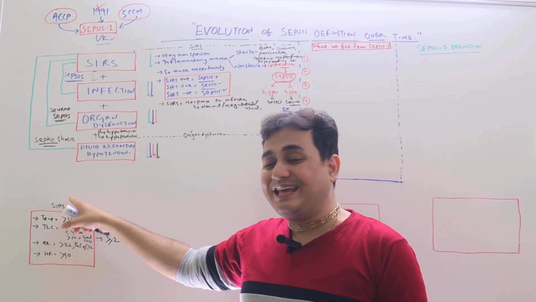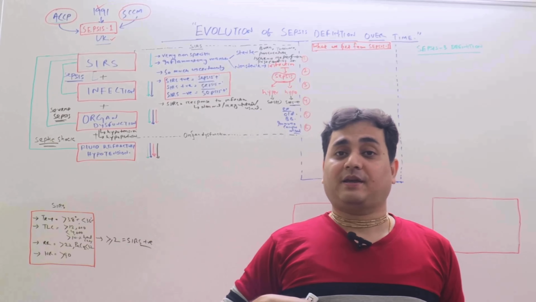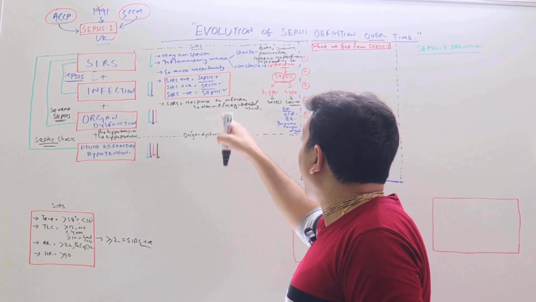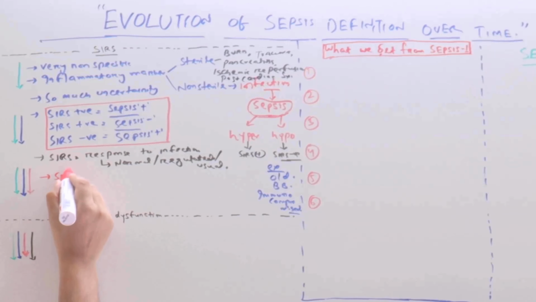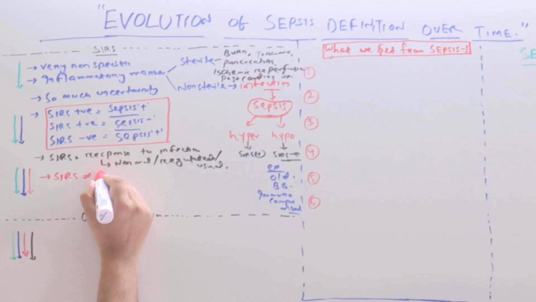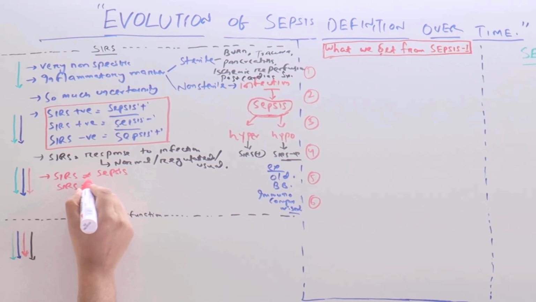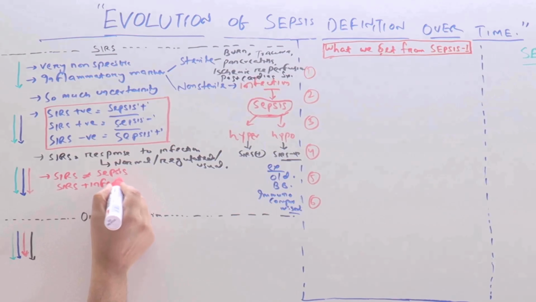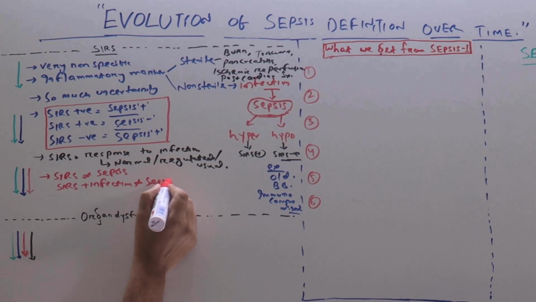That means I am SIRS positive, but that does not mean that I am septic. No, it's a normal or regulated response to infection. SIRS is not equal to sepsis. SIRS plus infection is not equal to sepsis.